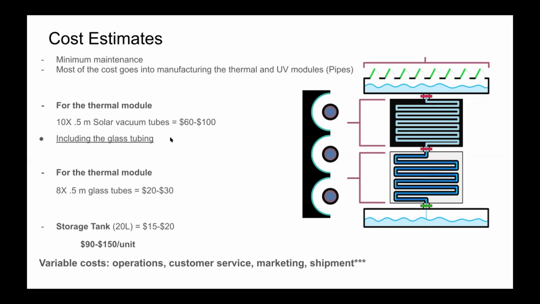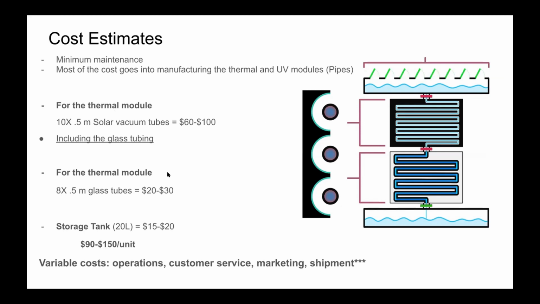We found that there is actually a module that has the glass included already. So if we see here, this is the outside of them, we have the glass ones, as we explained in the previous presentation.